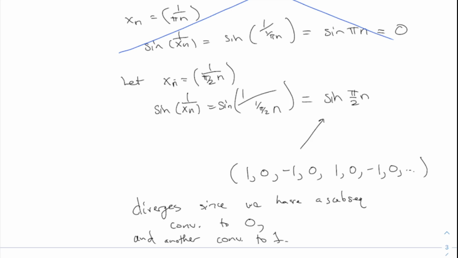All right, and if you have two subsequences converging to different values, that means the original sequence diverges. That was some old sequence stuff that we used to talk about. So sometimes there's a little bit of a journey to come up with your perfect sequence which makes everything work out the way that you want.